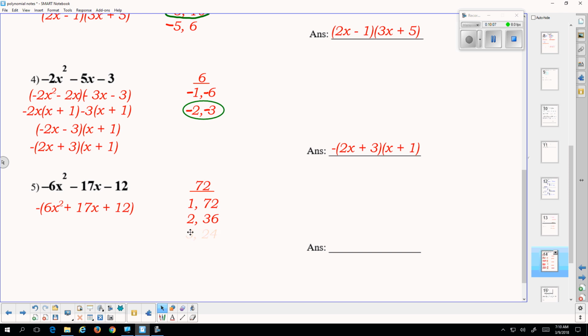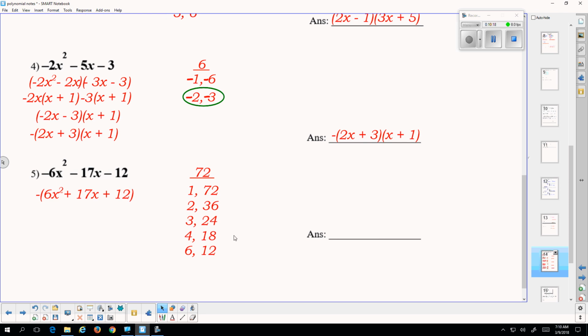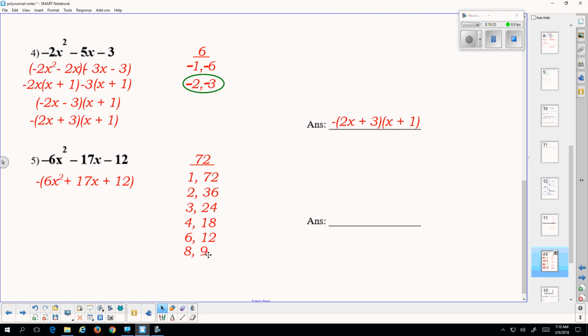We can do 72 divided by 3 and get 24. 72 divided by 4, yep, you can get 18. 72 divided by 5 doesn't work. 72 divided by 6. 72 divided by 7 doesn't work. 72 divided by 8, that gives me 9, and then 72 divided by 9 gives me 8, so I loop back around. Okay, which of these sets, when I add them, will give me 17? That would be 8 and 9.